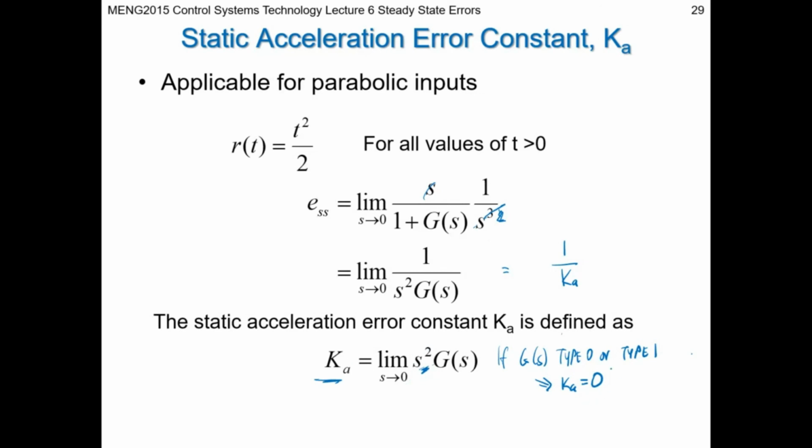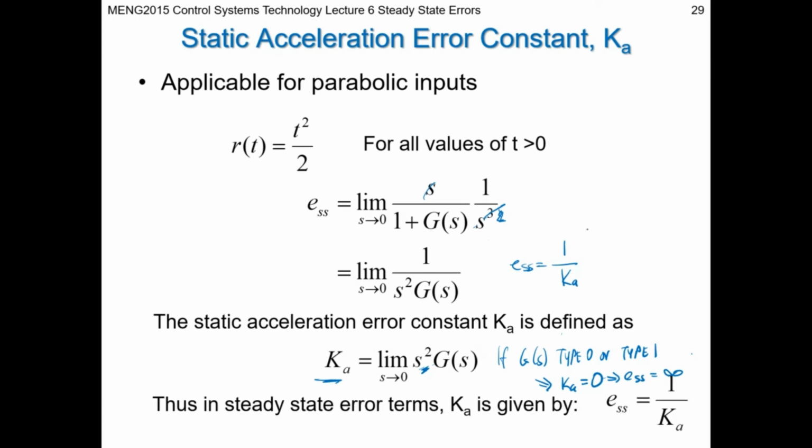If you put a 0 in for the expression for ESS, 1 upon Ka, then that implies ESS is going to be infinite. Our steady state error is going to be infinite. In steady state error terms, Ka is given by ESS over 1 plus K.